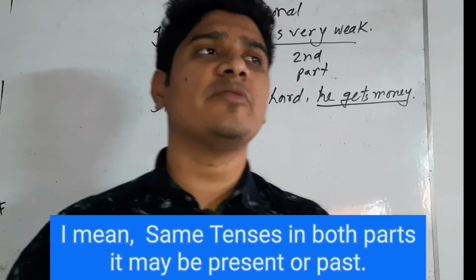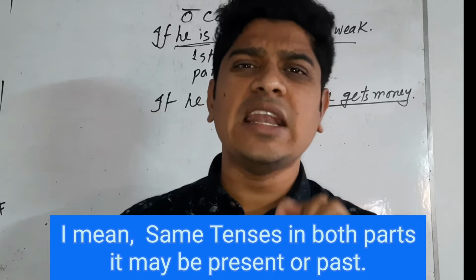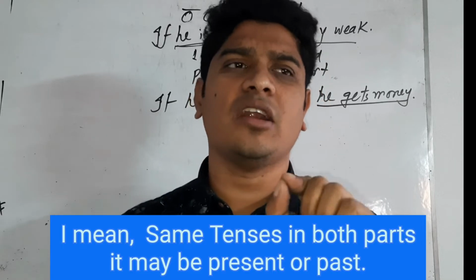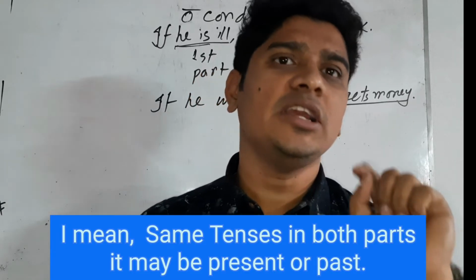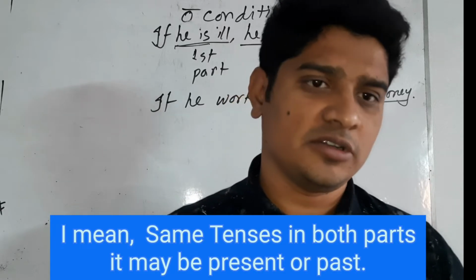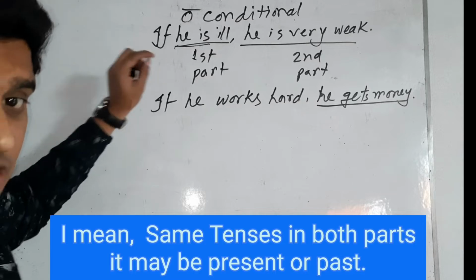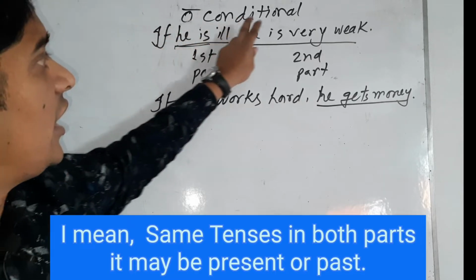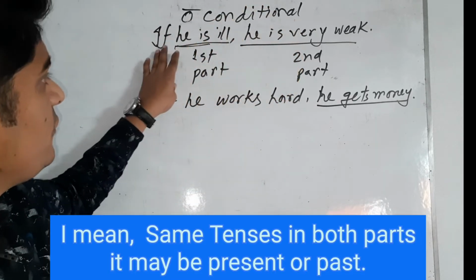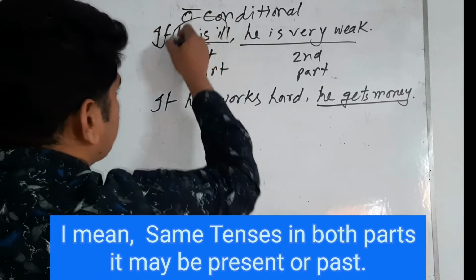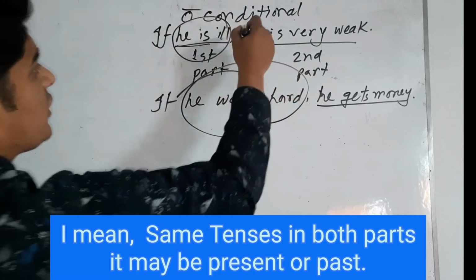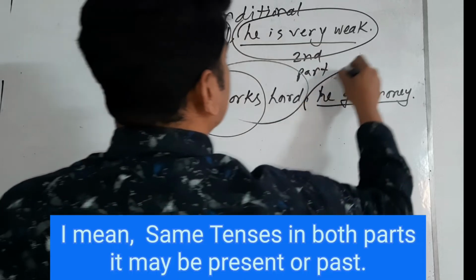In most examinations, the zero conditional is less important and very hardly set in your question paper. So please, learners, listen to me. In the zero conditional, if there is present indefinite tense in the first part, there is present indefinite tense in the second part.